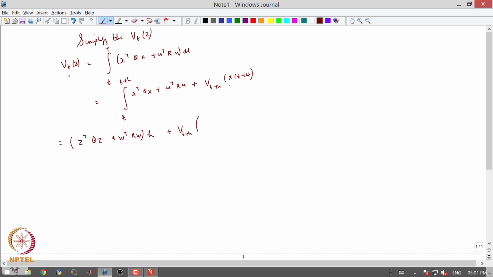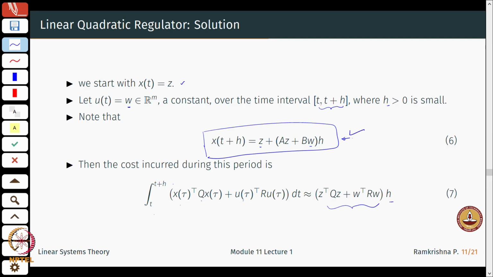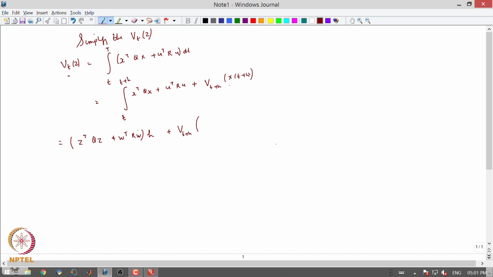Now, again go back to this expression. x(t+h), just a simple expansion, would tell me that this looks something like this: z plus (Az plus Bw) times h.